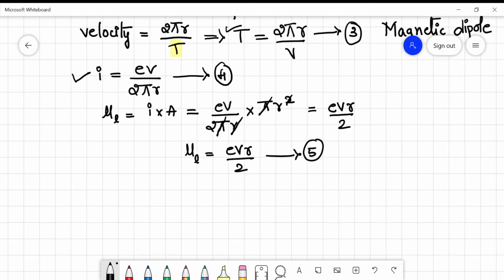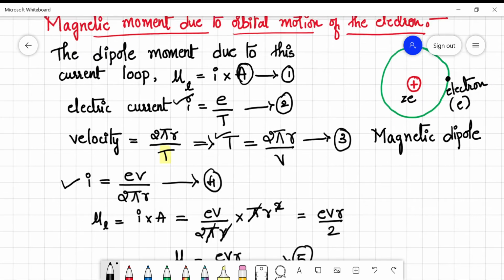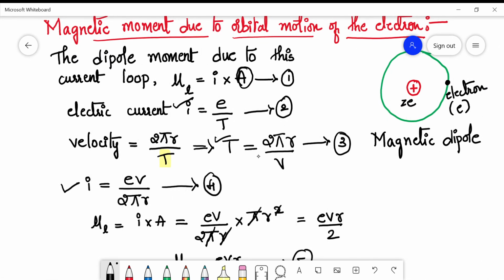Now we know that if any particle is in orbital motion, it will have an orbital angular momentum.